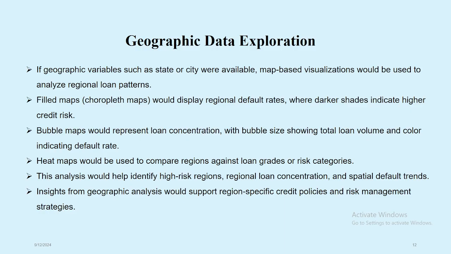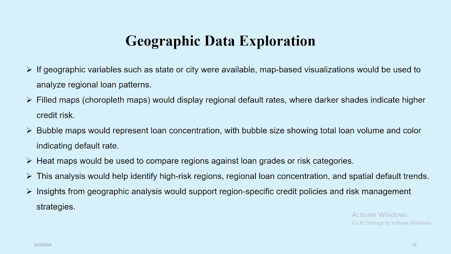Next is the geographic data exploration. In this credit risk data set, we don't have any geographic variables like state or city. If it were available, we could do this geographical data exploration. We would use filled maps to check region-wise default rates, and a bubble map to represent the loan concentration.